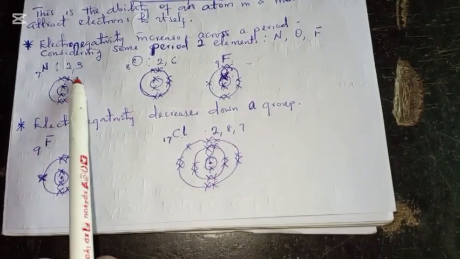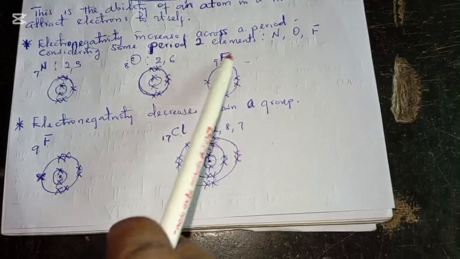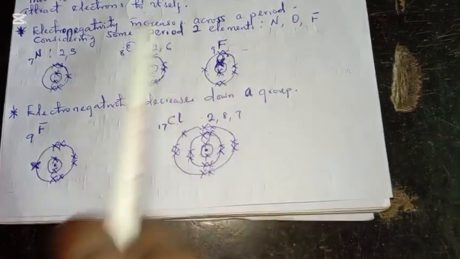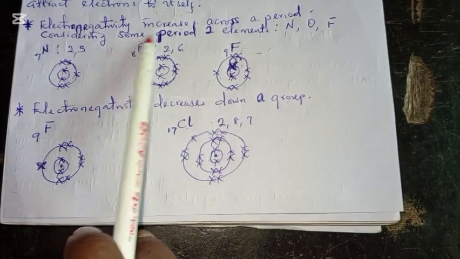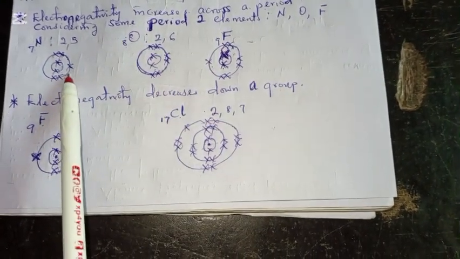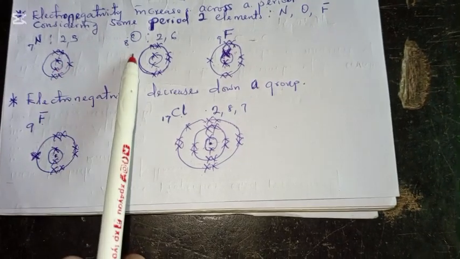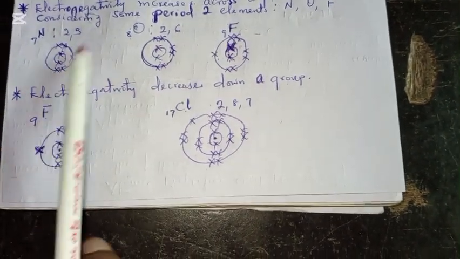Now, looking at these elements under consideration here, that is period 2 elements such as nitrogen, oxygen, and fluorine, we've established the fact that electronegativity increases across the period because, looking at this trend of protons present in nitrogen, oxygen, and fluorine, we have an increase in the number of protons from nitrogen to fluorine.